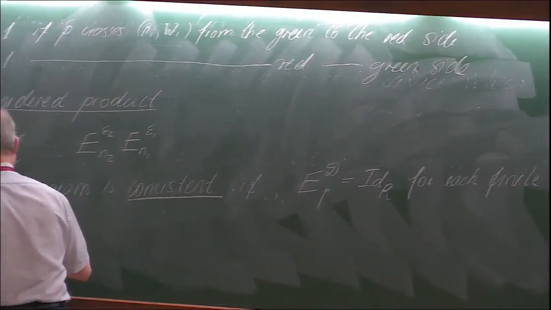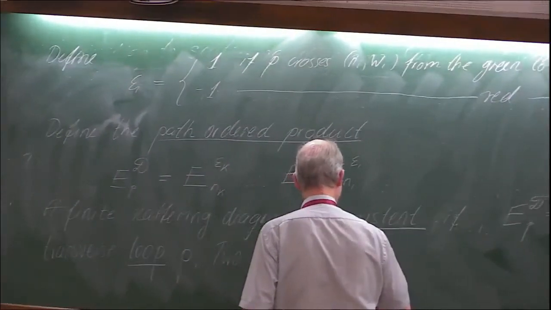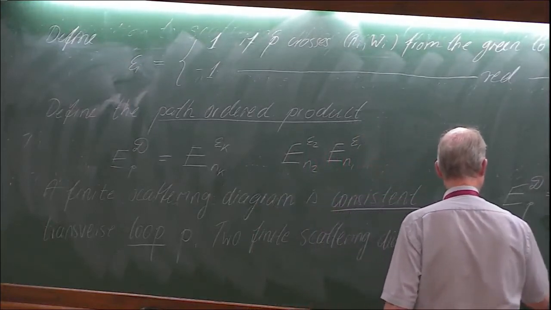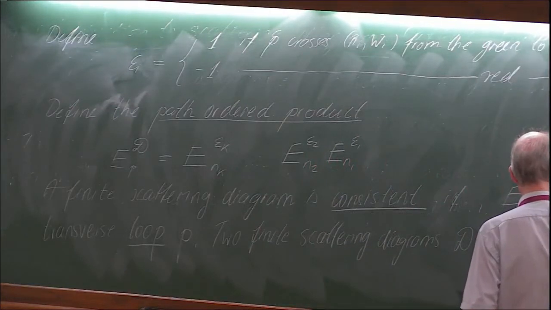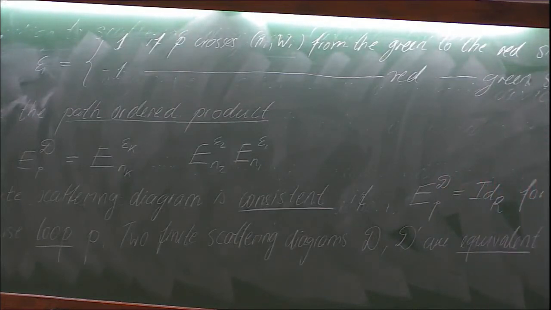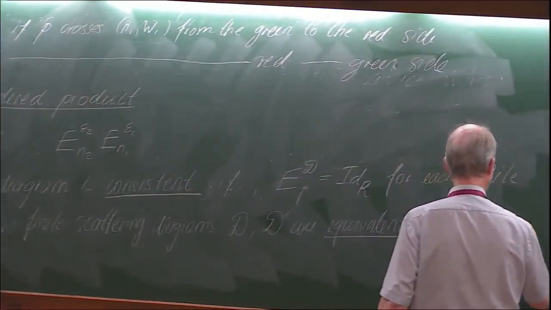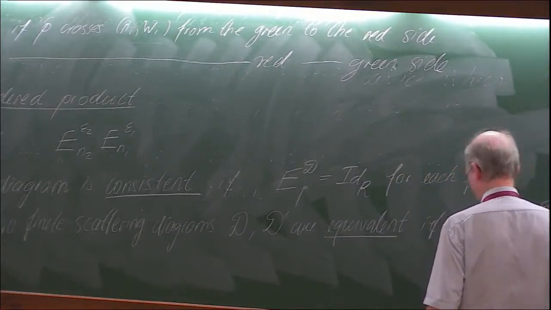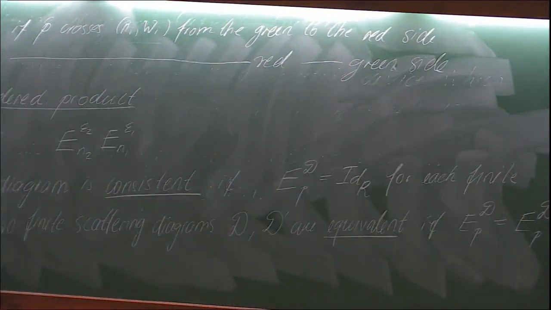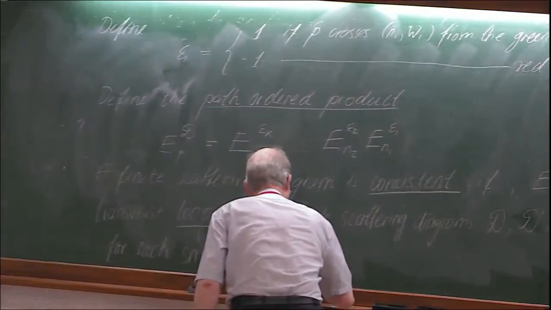And then one says that two finite scattering diagrams are equivalent if they yield the same path-ordered products, E P with respect to D equals E P with respect to D prime, for each smooth path P which is finite transverse for both.